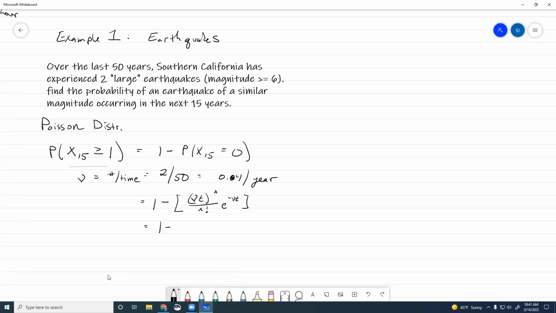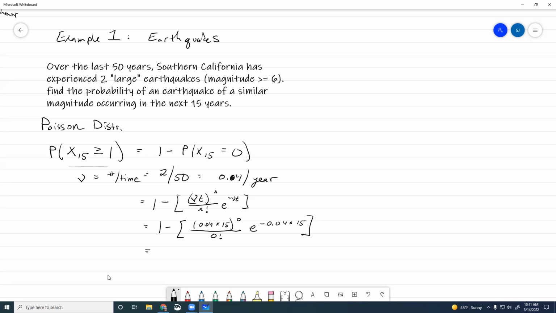Plug our values in, and then we can calculate that.